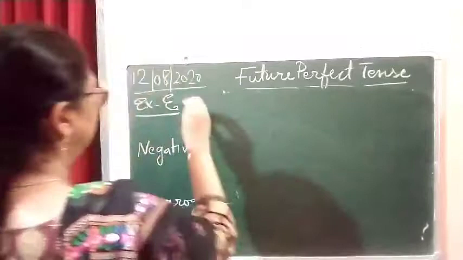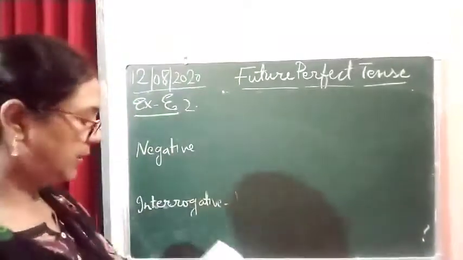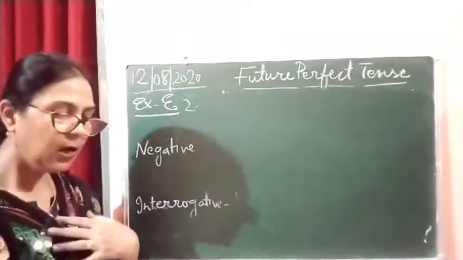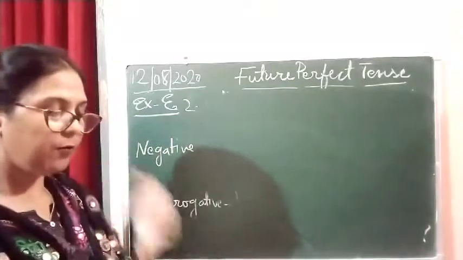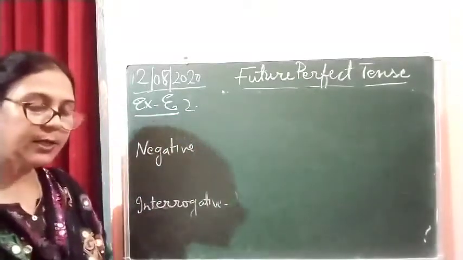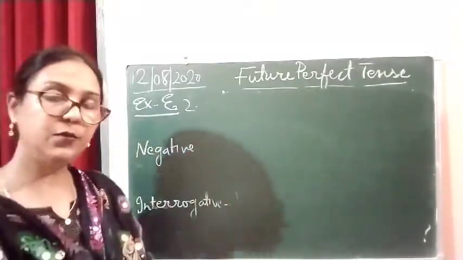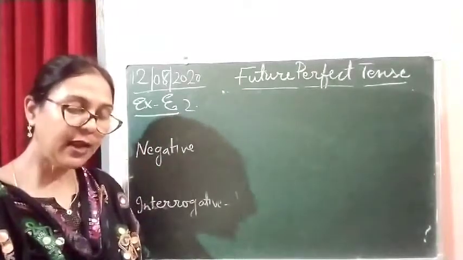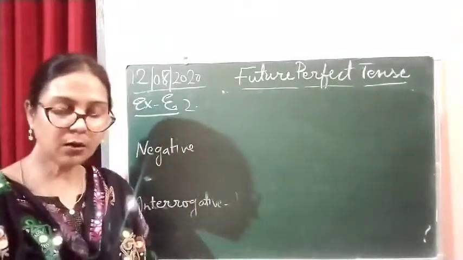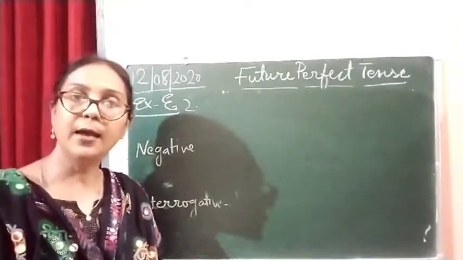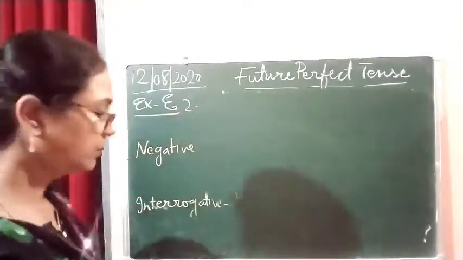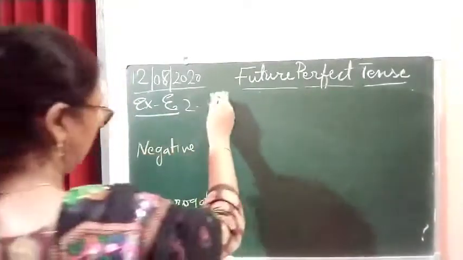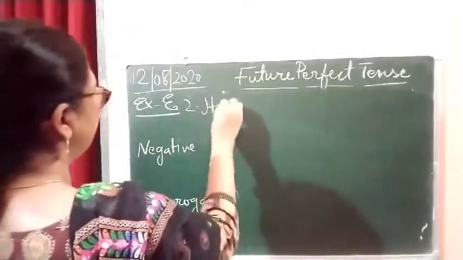Number 2 in exercise E is: Hari will have forgotten the contact number by next week. Now, first of all, we'll write this sentence.